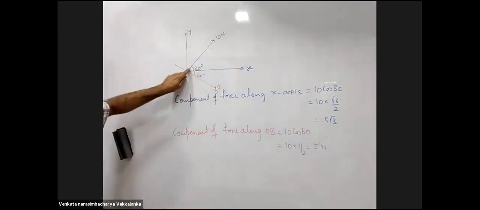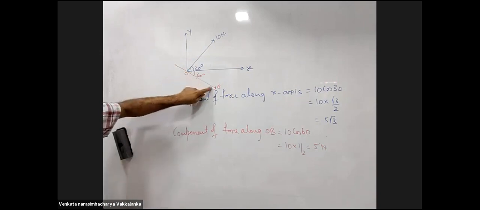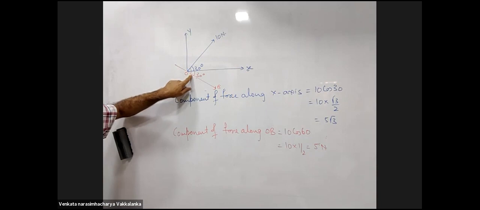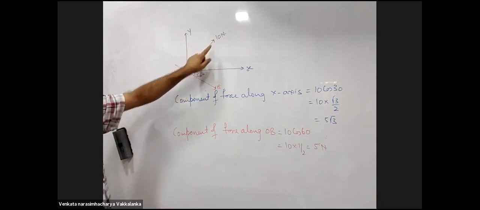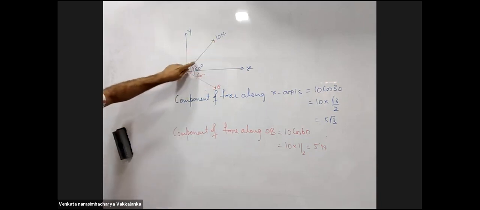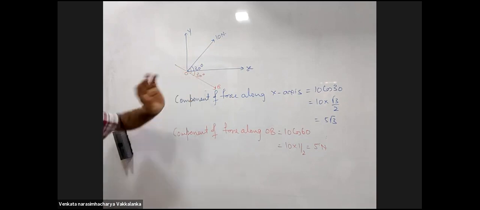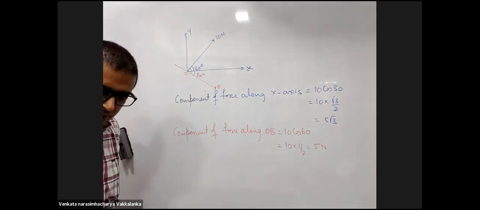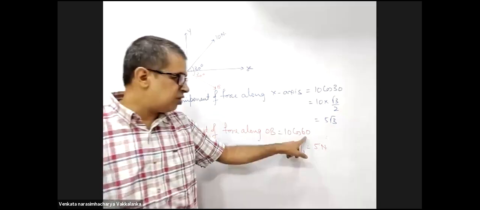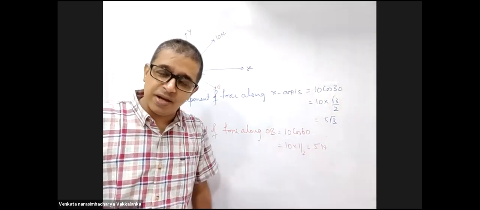Component of the vector adjacent to the angle will be vector into cos of that angle. What is the angle between the vector and OB? 60 degree. Yes, sir. So cos 60 is half. So it will be 5.